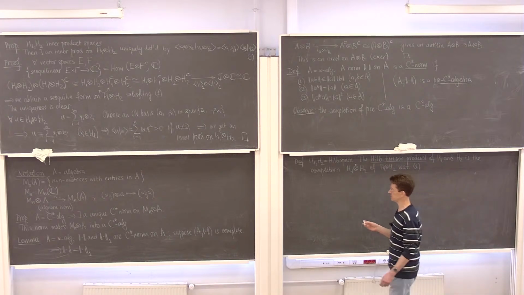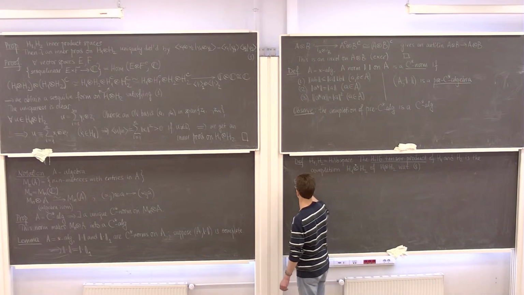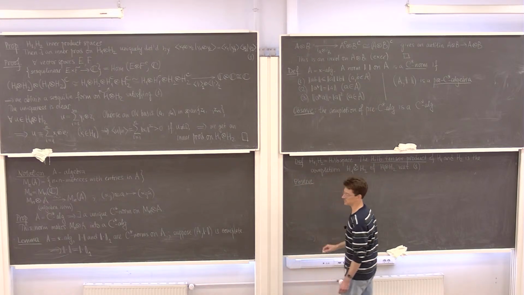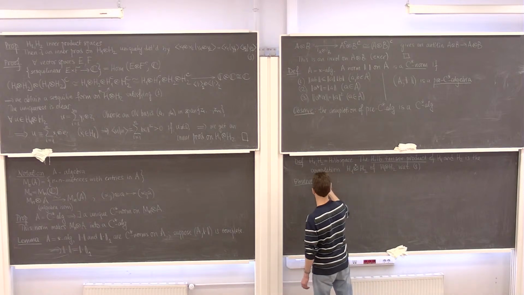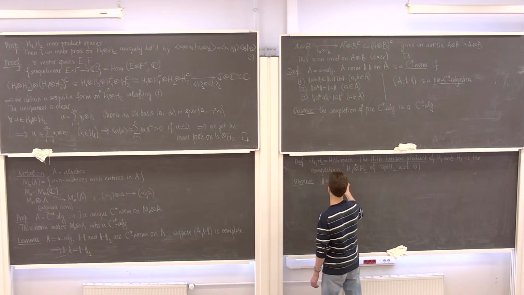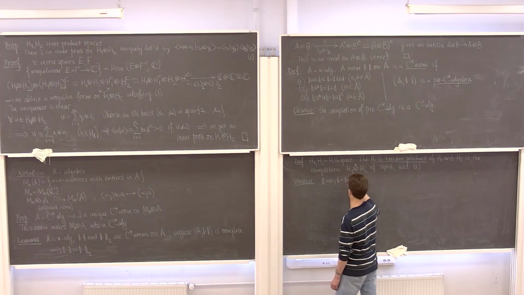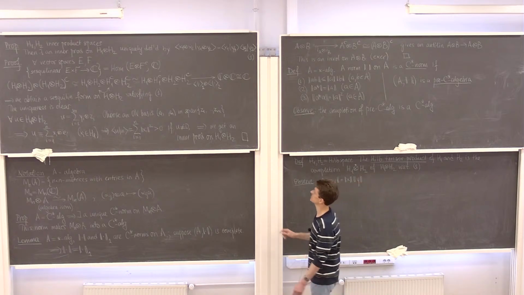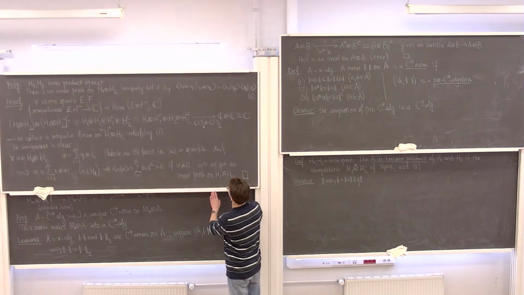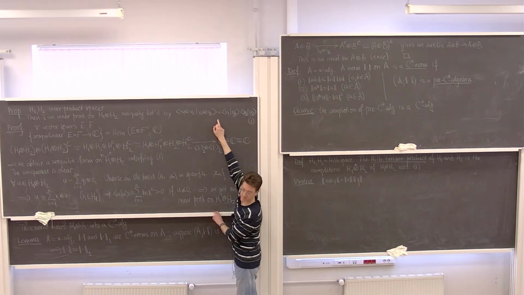By the way, let's observe that the norm determined by this inner product satisfies the following condition. The norm of every elementary tensor is just the product of the norm of x and the norm of y. So this easily follows from this formula.